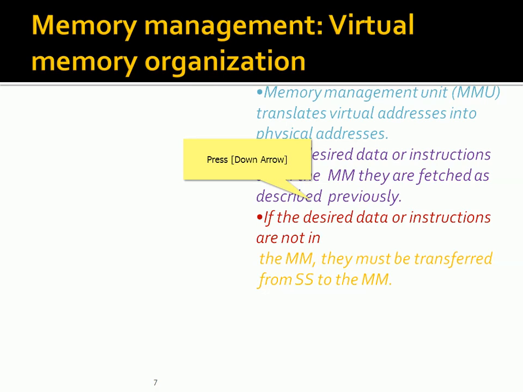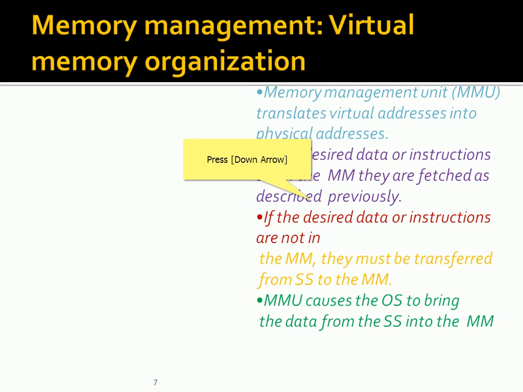That is a future plan: you can keep that instruction here and also give it to the processor. The memory management unit causes the OS, the operating system, to bring the data from secondary storage into the main memory. So the operating system assists in giving a copy to the main memory even if that copy is not available there.